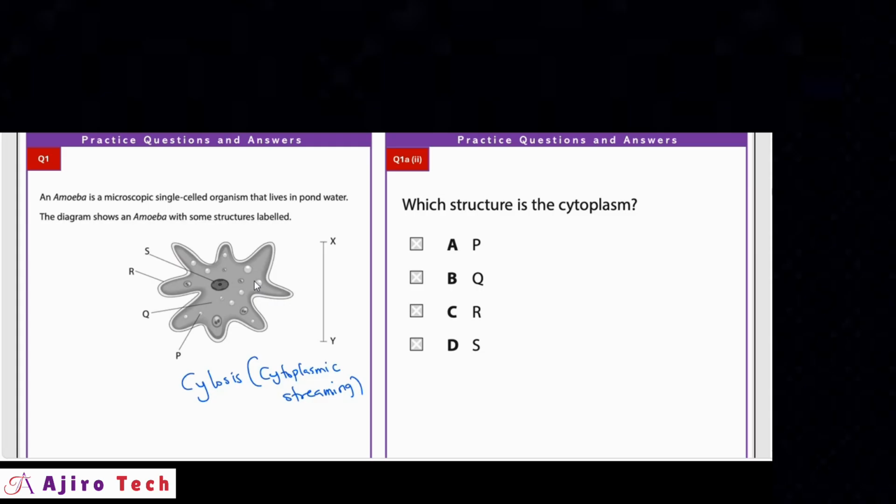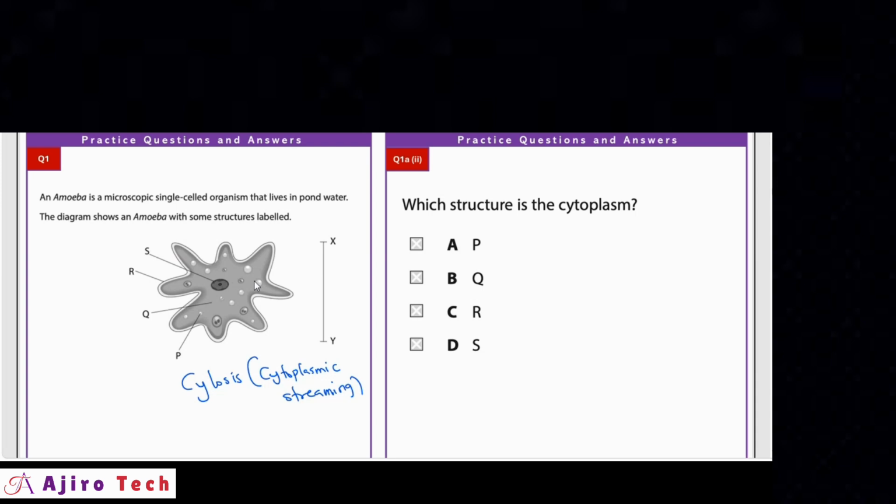So the movement of the pseudopodia alone cannot properly propel the amoeba through its aquatic environment. But with the help of the movement of the cytoplasm, known as cytoplasmic streaming, or the process called cyclosis, it helps the amoeba's entire cell.